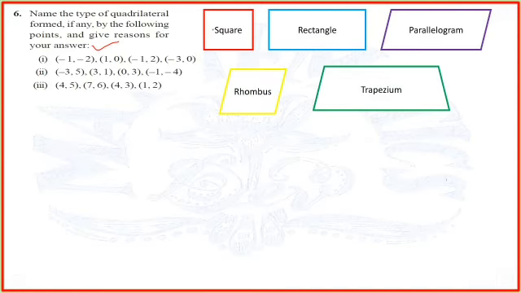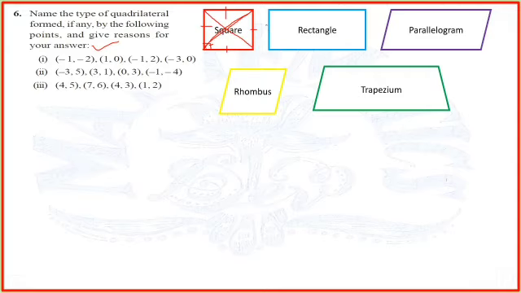You know the basic properties of these. In a square all sides are equal and all angles are equal, but angle is not our target now, because we are using the distance formula, and distance formula can be applied to the sides only, not to the angle. So both diagonals are equal.